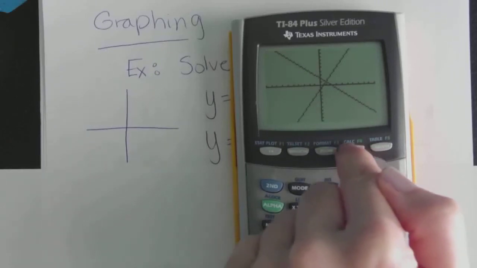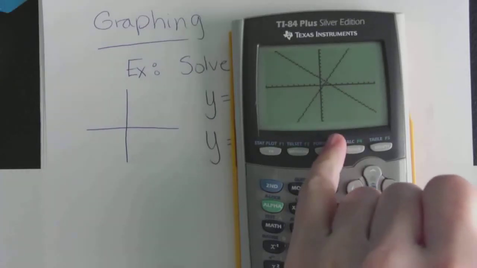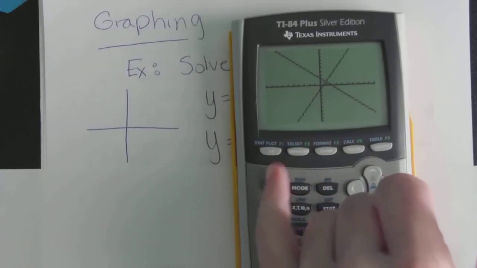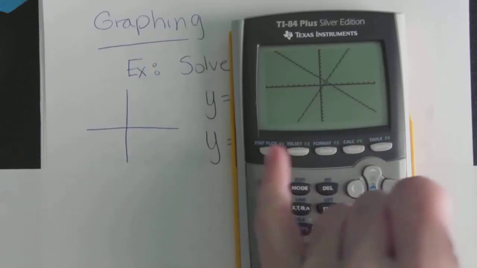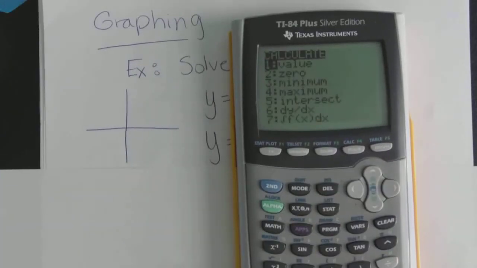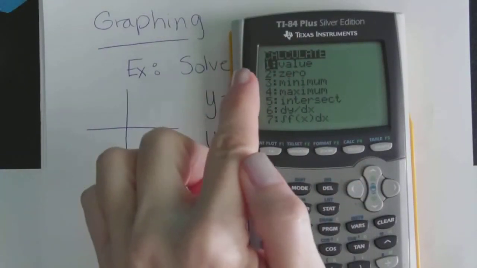You see this here in blue. It says calculate. It's above the trace button. We don't want to trace. We want to calculate this point of intersection. Because the calculate is written in blue, we're going to press the blue second button before we press trace. So I want you to press second trace. And this screen comes up, okay?